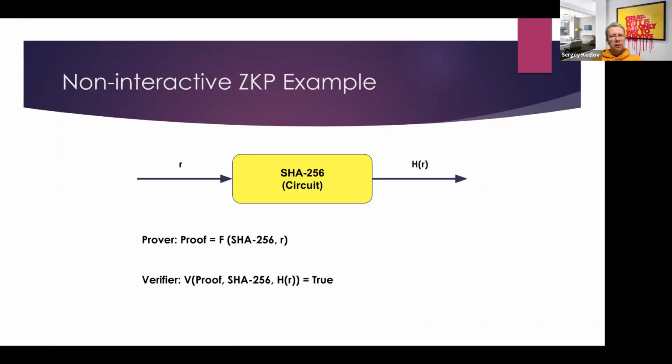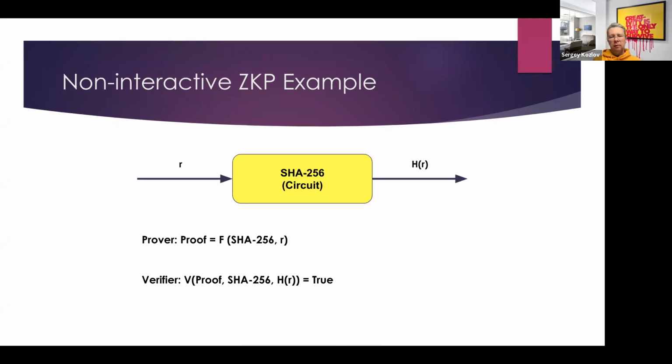The example is with the hash. You already studied what the hash is. Actually, the hash is a function which transforms some data, which we call R, to hash R. It's not possible to calculate R from the hash. You can only do it in one way.